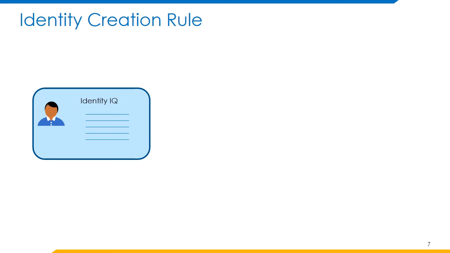So an initial identity is going to be created by Identity IQ, and the inputs to this particular rule are the identity that is initially created and a link.